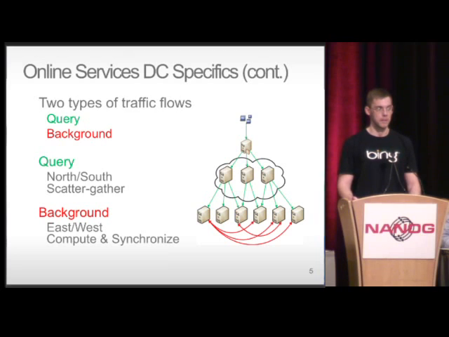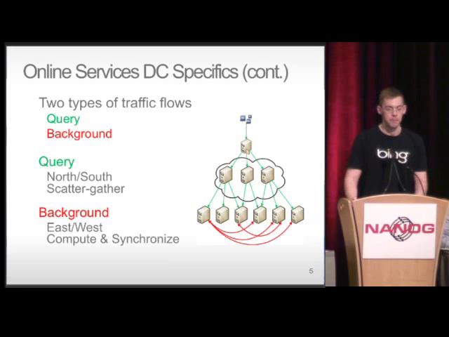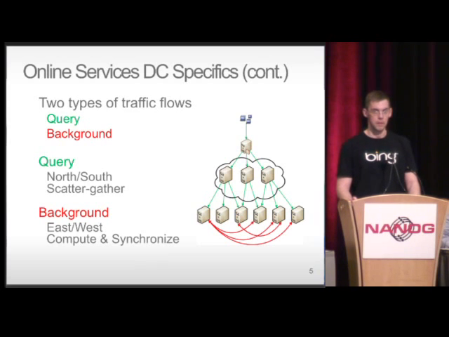And background traffic is the majority of all traffic that does all the work, such as web index computation or mailbox moves and all those things. And background is the majority of all traffic in our data centers. It's a heavy bulk flow, and they run from server to server. Or in other words, like we call in the industry, they run east-west.